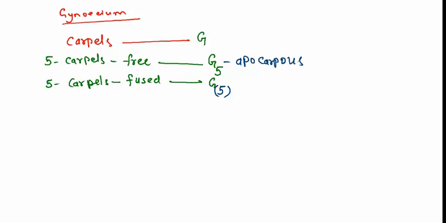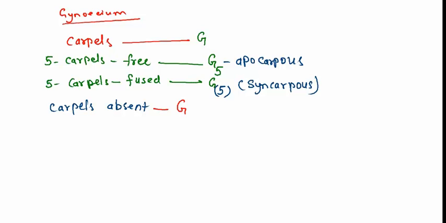And the condition in which 5 carpels are fused is also called syncarpous. If carpels are absent, then it is represented by the letter G and 0 at the base, that is, no carpel.